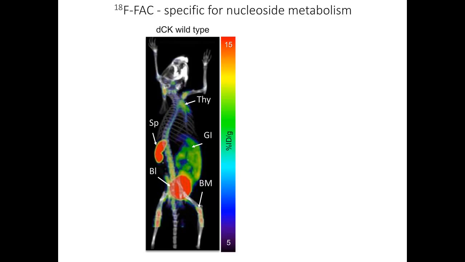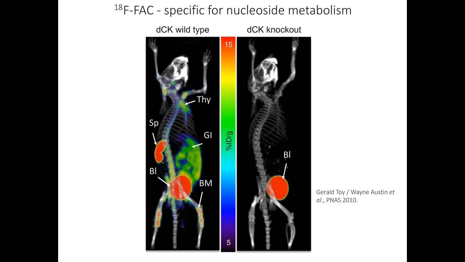And what they demonstrated is that indeed, DCK is the kinase that's specific for FAC, that is required for FAC to be metabolized in each of these tissues. And so they imaged it with a DCK knockout mouse, which lacks that DCK enzyme, and clearly it demonstrates the specificity of the FAC probe for imaging DCK-dependent nucleoside metabolism.